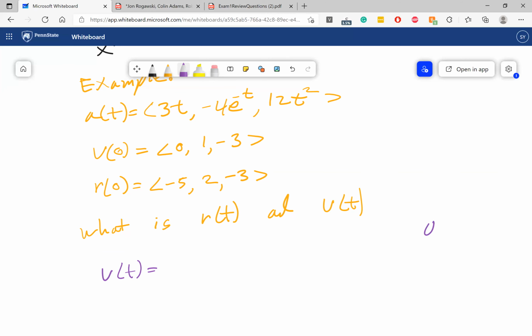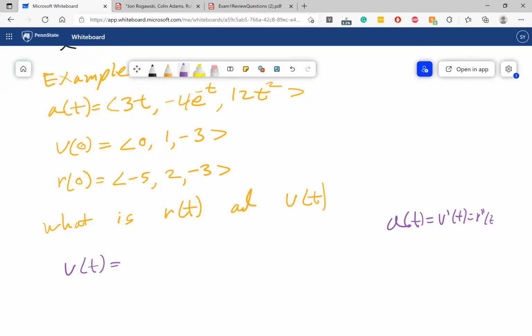Because if we remember, we know that acceleration is equal to the derivative of the velocity, which is equal to the second derivative of position. So let's take the antiderivative of each component.